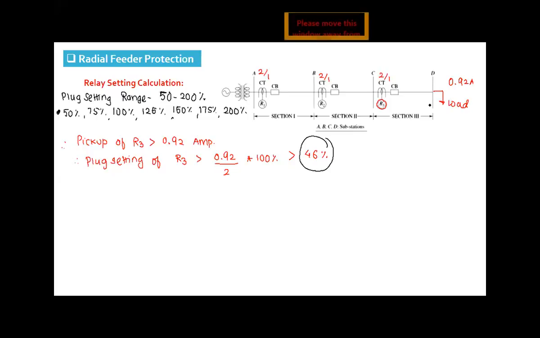So therefore, the plug setting of relay R3 is 50% selected. I will write here in terms of primary.